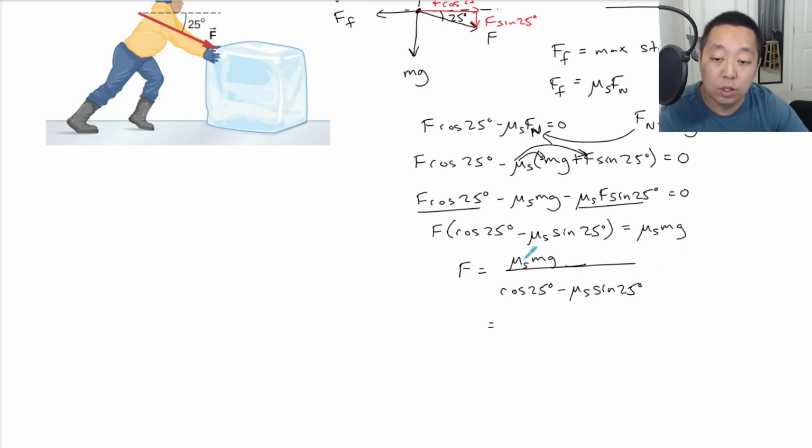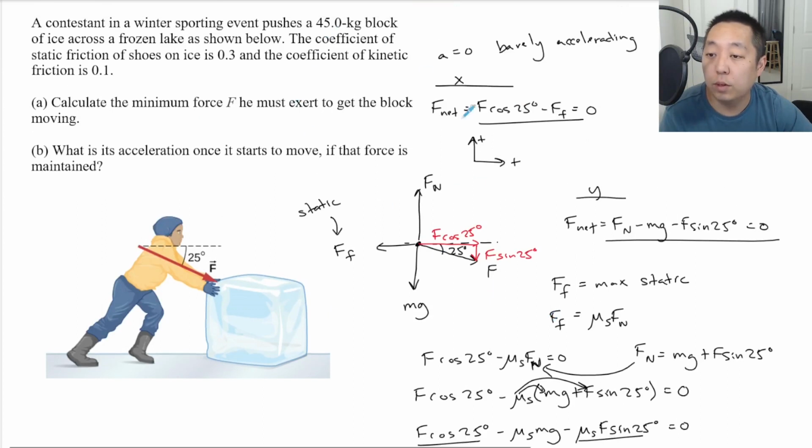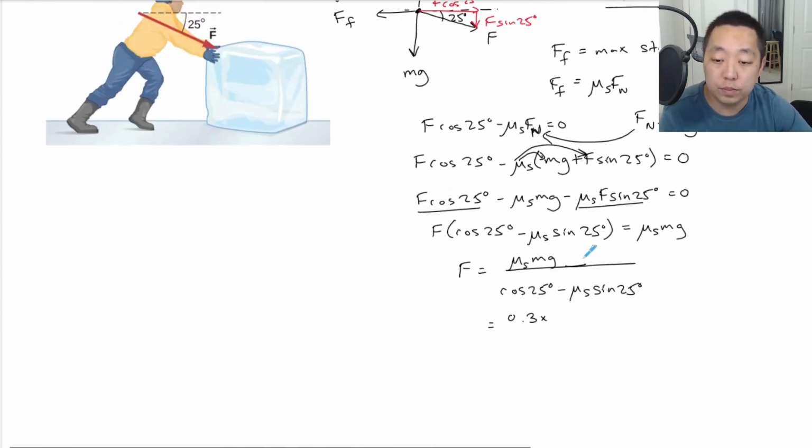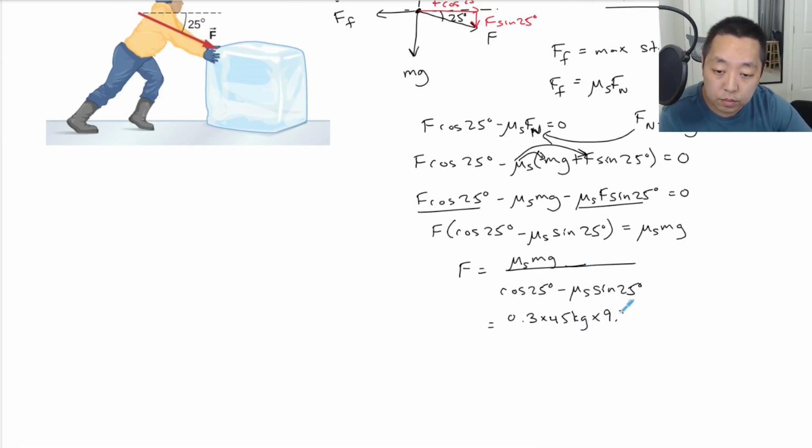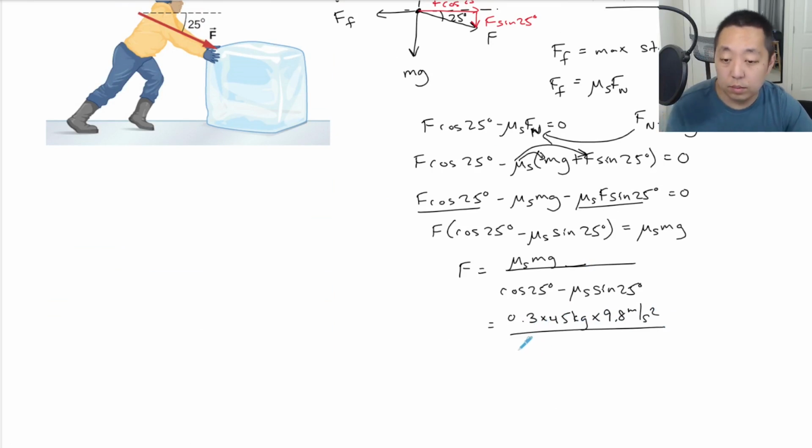Okay, so we're using static friction, so mu s is 0.3. What was the mass of the block? 45 kilograms. Here I'm going to do cosine of 25 degrees, which is a calculator thing, minus mu s, which is 0.3, times sine of 25 degrees.